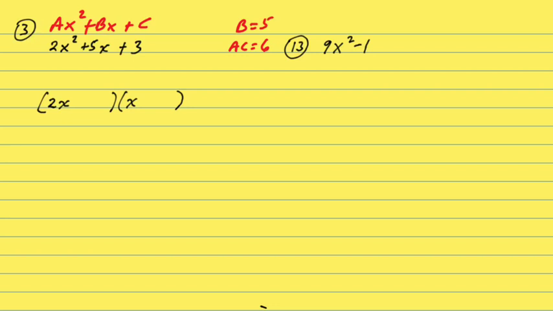So I want things that multiply to 6 and add to 5. With practice, you'll get to them pretty fast. 3 times 2 is 6, 3 plus 2 is 5. Again, it has to add to the b and multiply to the ac.